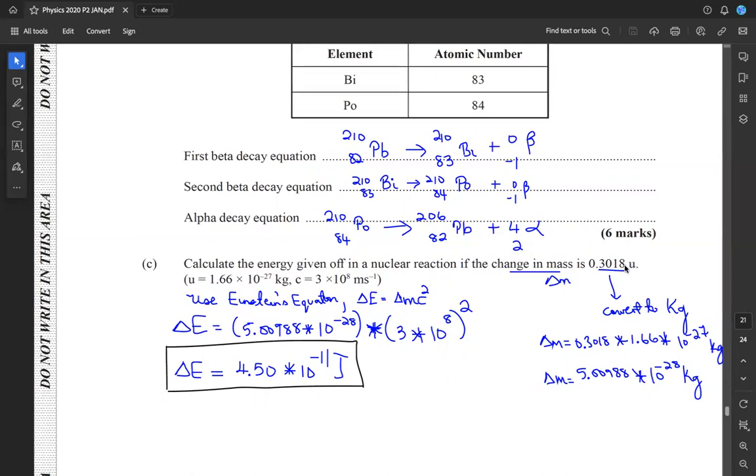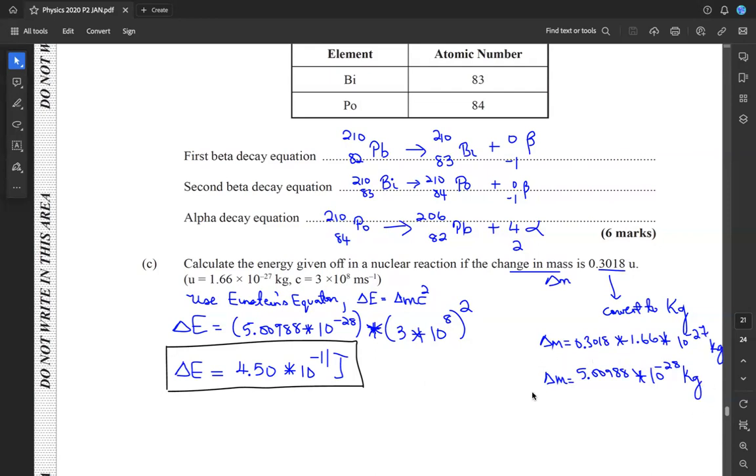And so you might realize that this is not an SI unit. And we know that energy in joules is the SI unit that they want this answer in. And so they gave us the equivalent of what 1 U would be in kilograms, and that's 1.66 times 10 to the negative 27 kilograms. And so in order to go from 0.3018 U to kilograms, what we have to do is simply multiply this by 1.66 times 10 to the negative 27 kilograms.